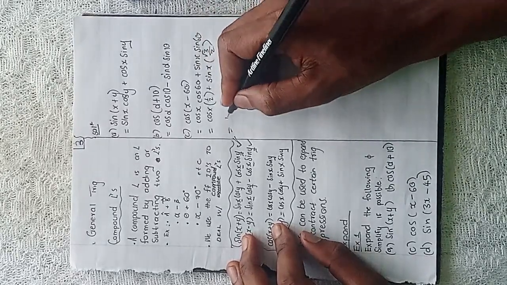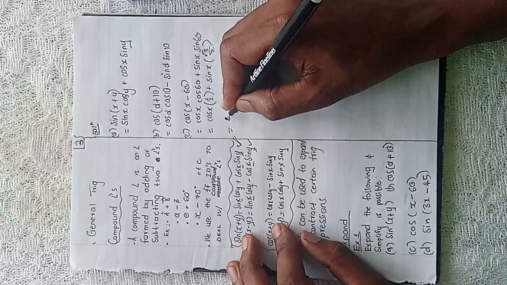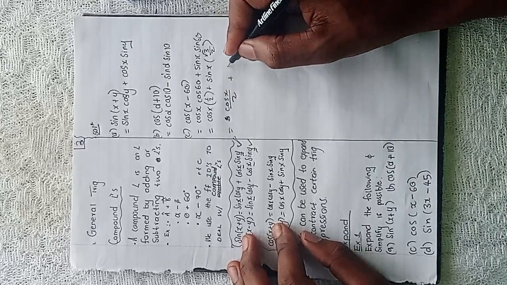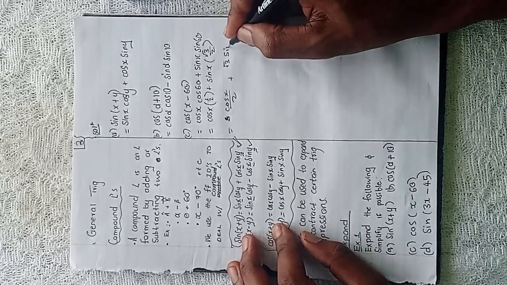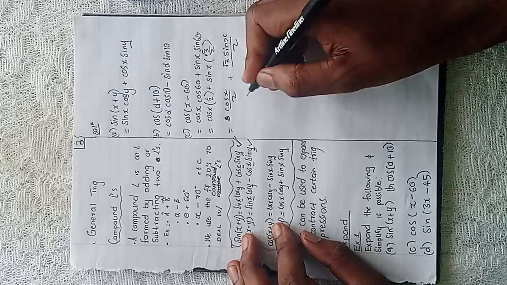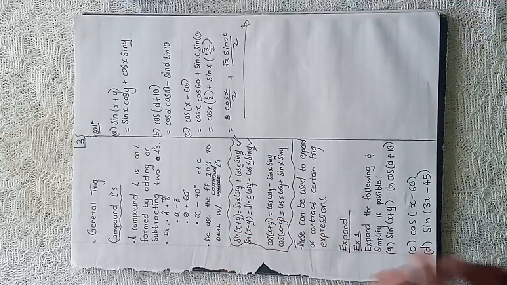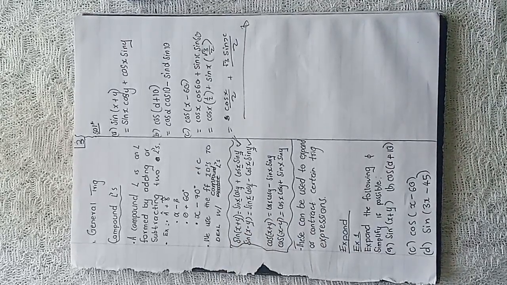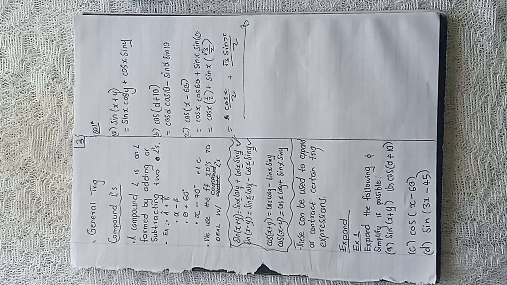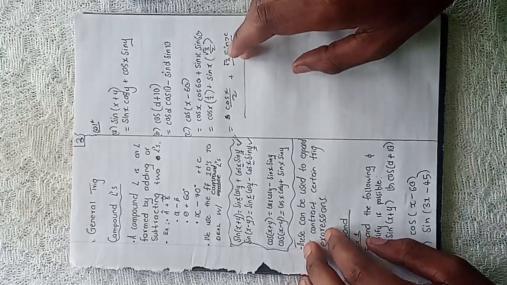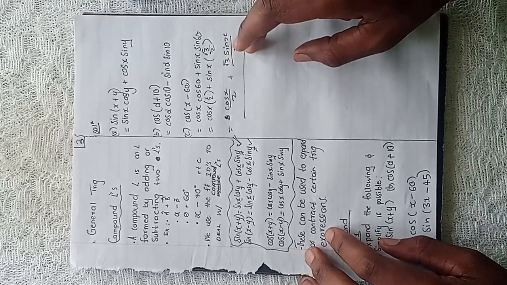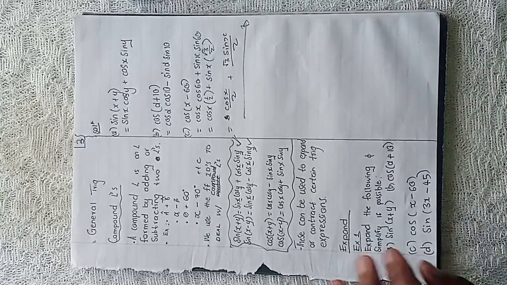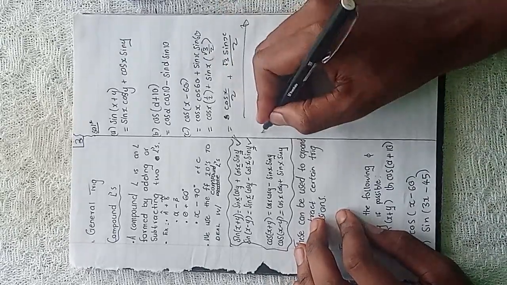So I can write this as cos x all over 2 plus root 3 sine x all over 2. I thought this was the simplest step, but actually I can still do more.